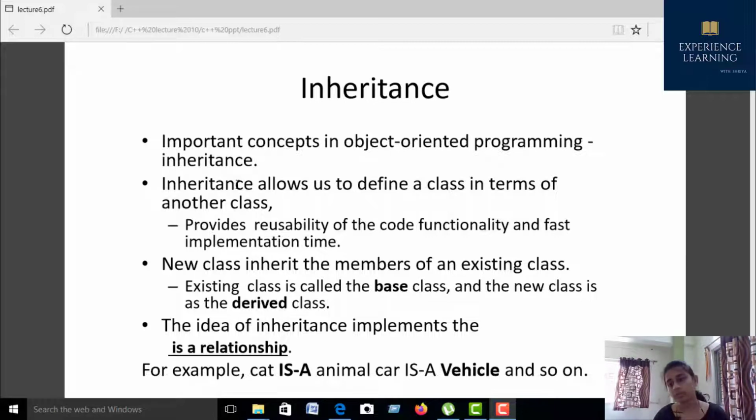So whenever you are designing your real-life programs, you obviously have to think about this. That's why I'm telling you, whenever you are designing your own project, please remember what kind of relationship it is, and if there is an "is a" relationship, then use the inheritance concept.